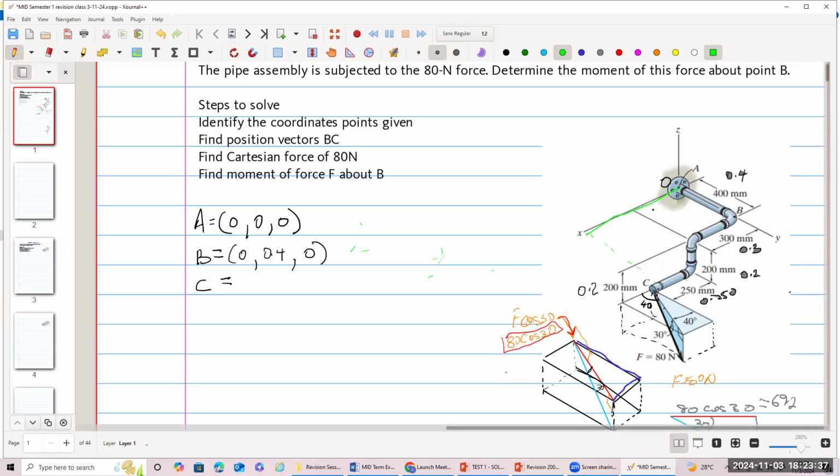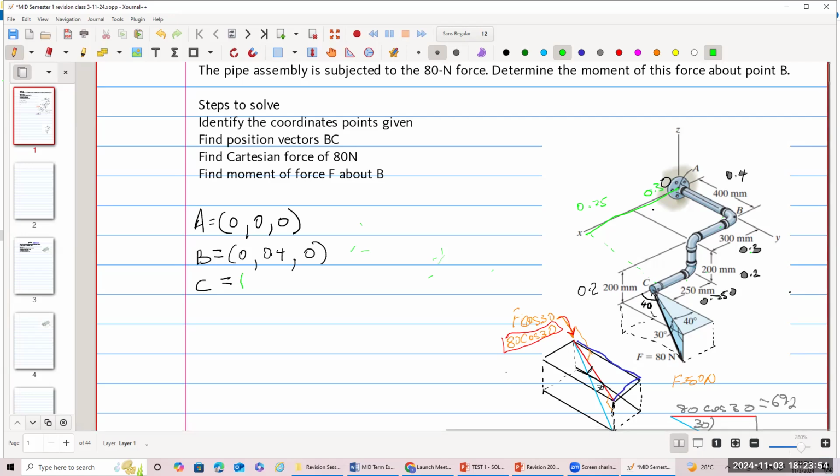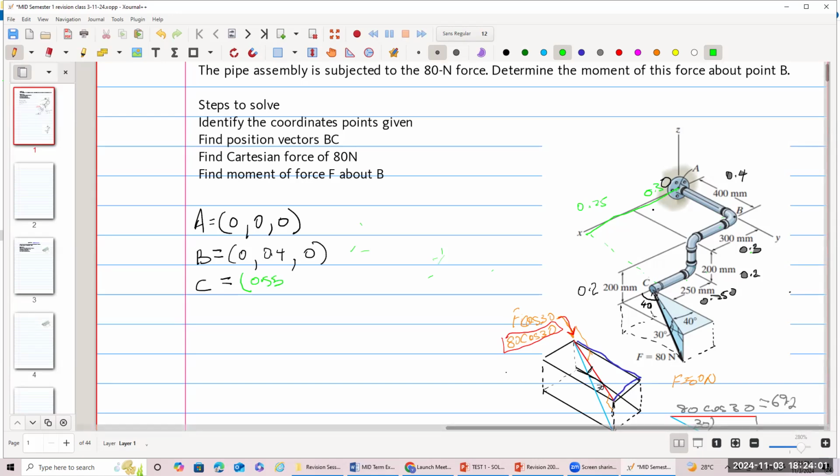So therefore, X is going to be what? 0.3 plus 0.25. So this part is 0.25, and this part is 0.3. You add those two together, and therefore, for X, it is 0.55.